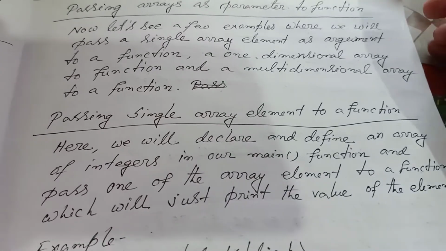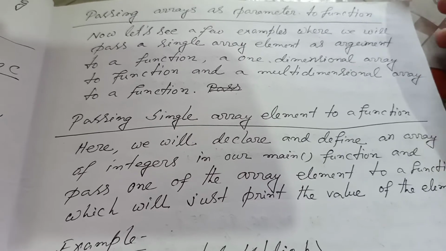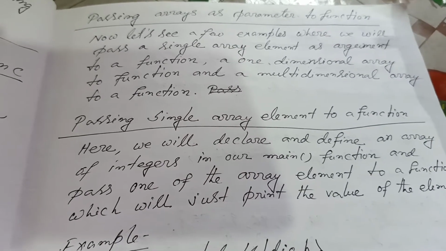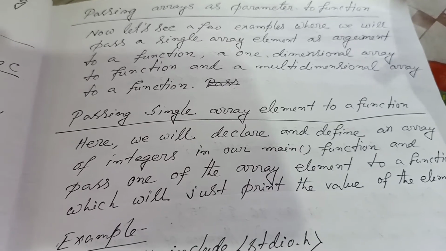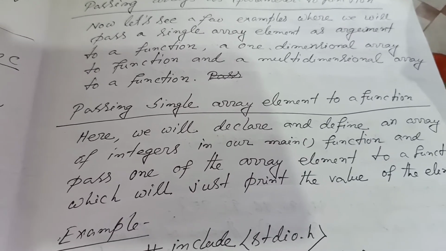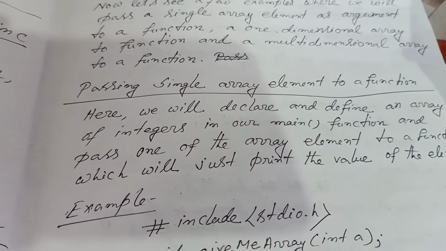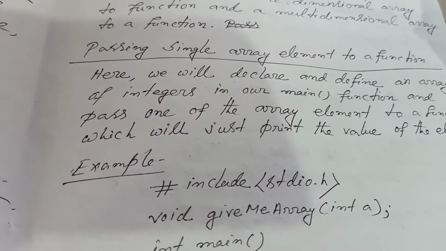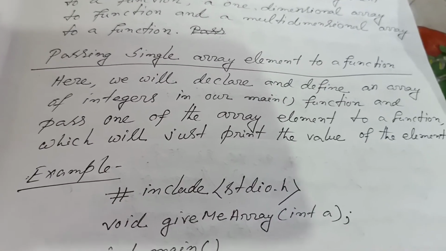Then a one-dimensional array is used as an argument to pass to a function, and the multi-dimensional array is also taken as an argument. So first, passing a single array element to a function.